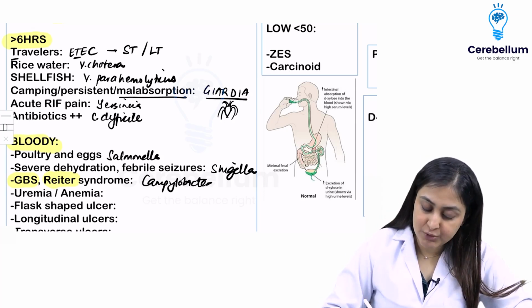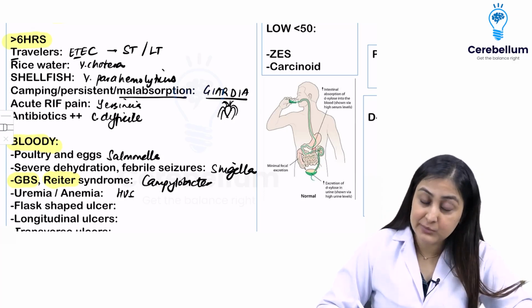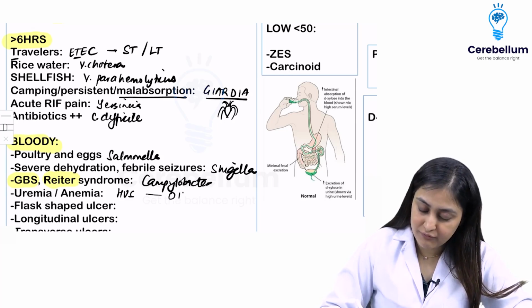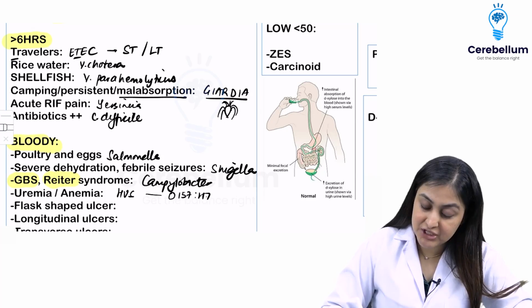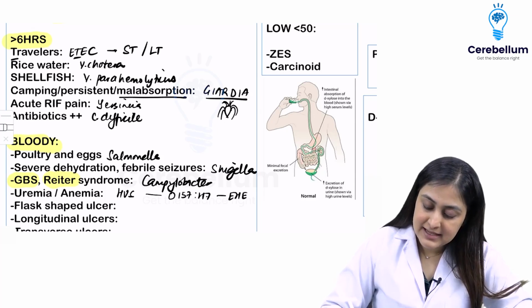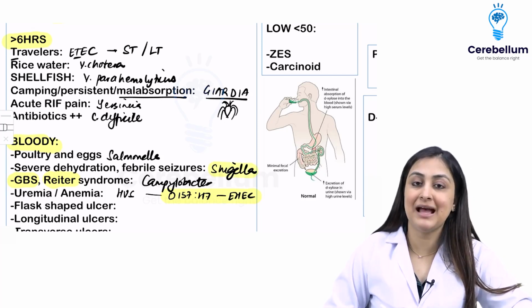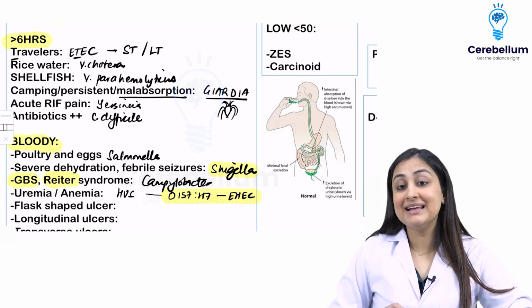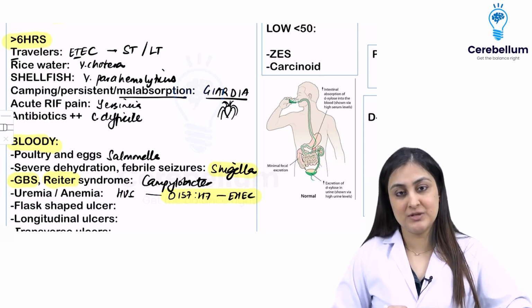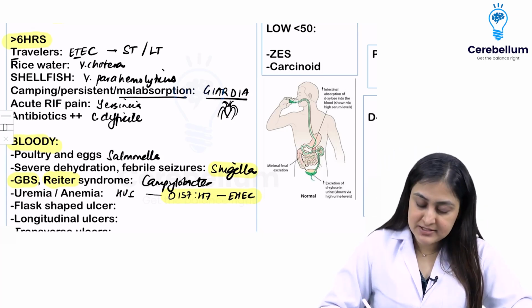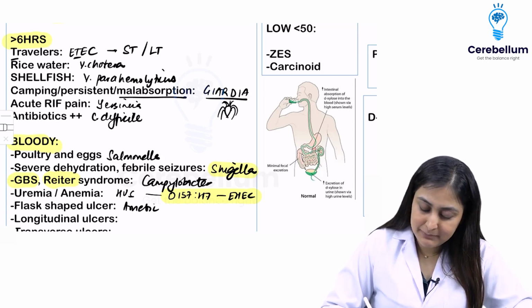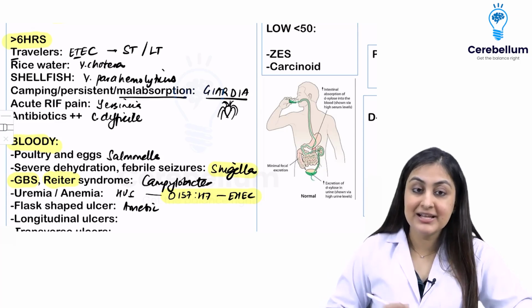If there is history of uremia, anemia, you start to think of hemolytic uremic syndrome, the O157:H7 strain of EHEC. Yes, and you also want to remember that this strain and Shigella have the same mechanism and they act by inhibiting the 60S ribosome, isn't it? Flask-shaped ulcers, if given, consider amoebic ulcers, so Entamoeba histolytica.